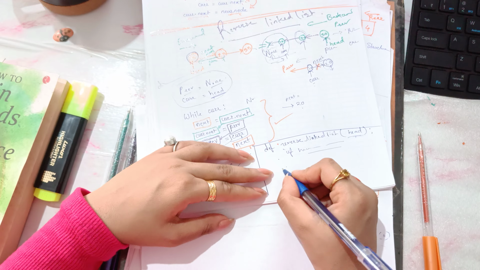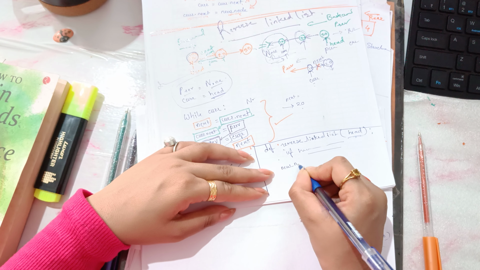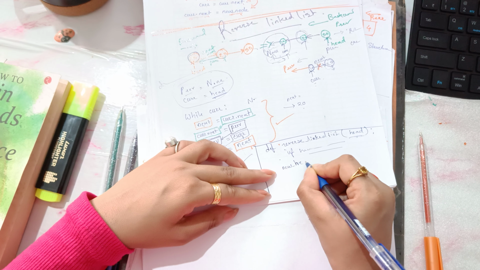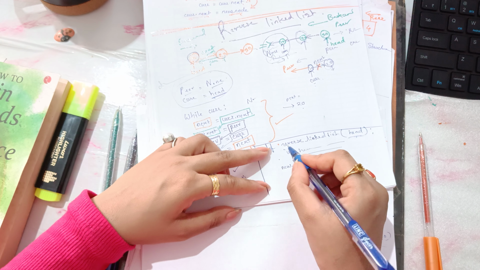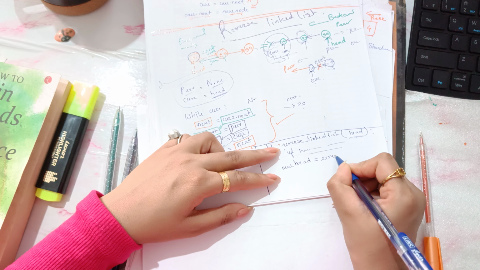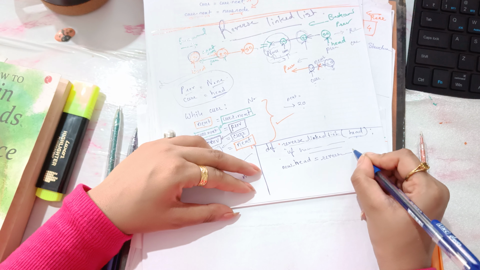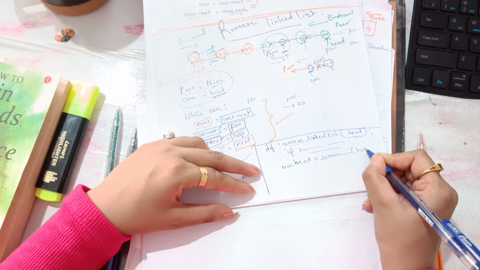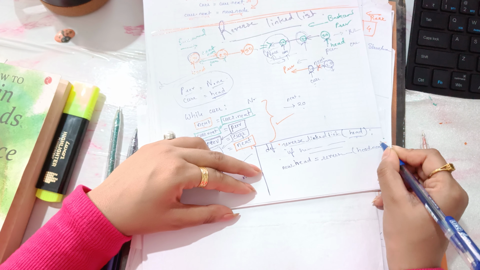Let's check the recursion. We'll create a new node, or we can say new head. Initially we assign the head, but we'll recursively call this reverse linked list function and pass head dot next.